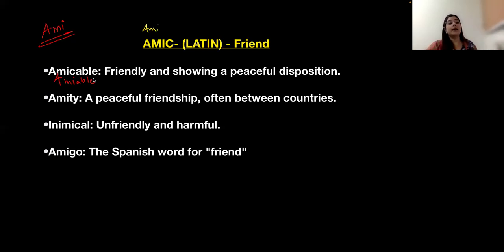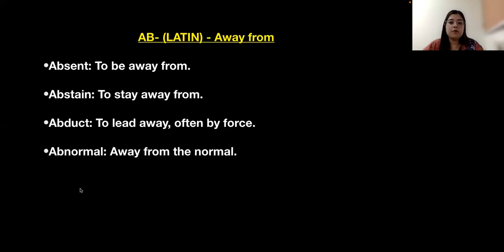Inimical, an inimical individual, someone who is the opposite of friendly, someone who could be harmful to you, someone who doesn't have your best interests at heart, someone who could be a hidden enemy to you, someone who is not your friend. Amigo, again, the Spanish word for friend. So amic is the root word for friend.